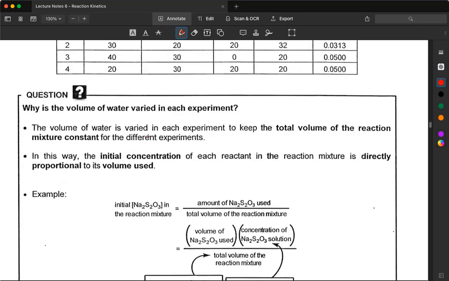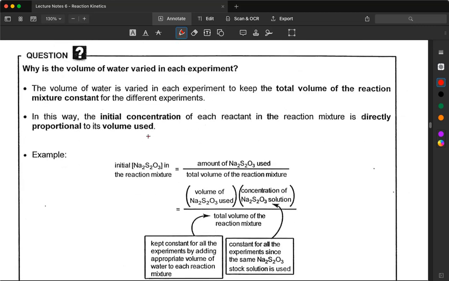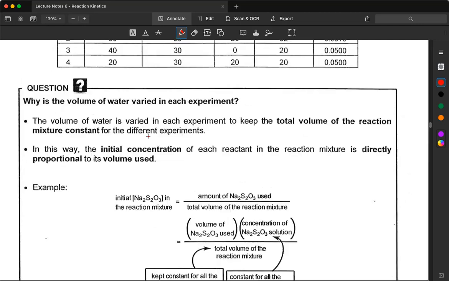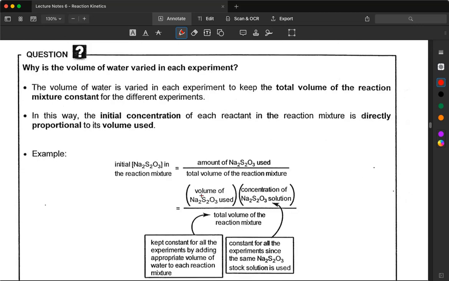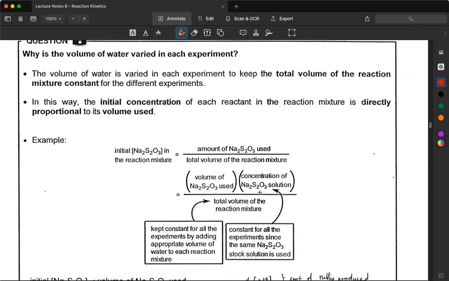So for example, to calculate the initial concentration of sodium thiosulfate, we can take the amount of sodium thiosulfate divided by the total volume. So the amount of thiosulfate is calculated as volume multiplied by concentration.